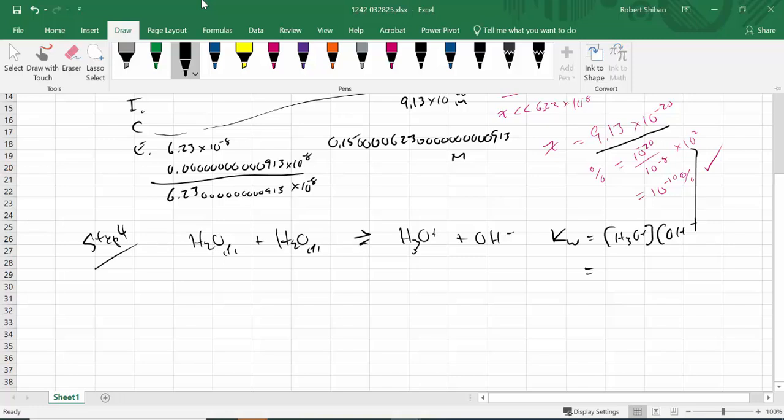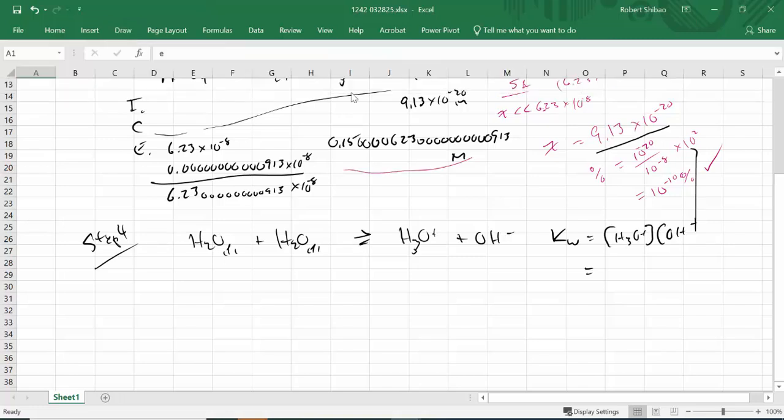So I'm going to carry down the hydronium here. And then I'm going to ignore the liquids here. Those aren't going to change. So I'm going to make my ice table just over here on the right side. This H2O is a pure liquid.